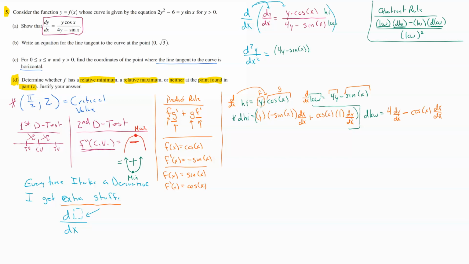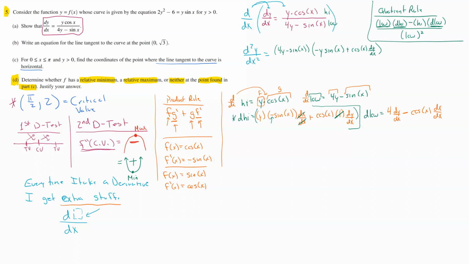One thing you can do as you come through is clean this thing up. The dx over dx, they cancel each other out. We also don't need that 1. And I'm going to slide that negative sign to the front of the y because that's like a negative 1. So this would have been negative y times the sine of x plus the cosine of x times dy dx.